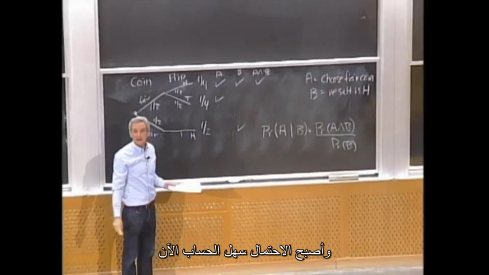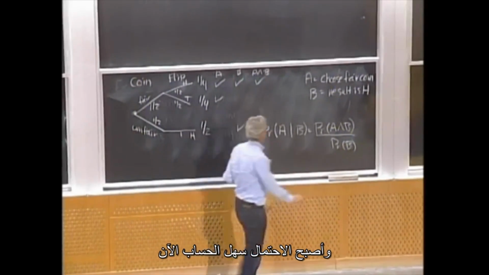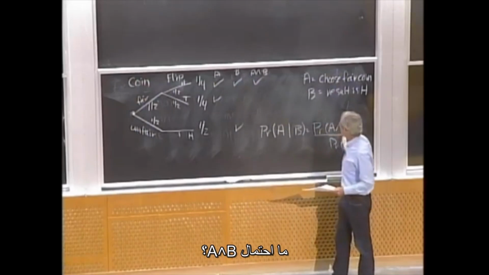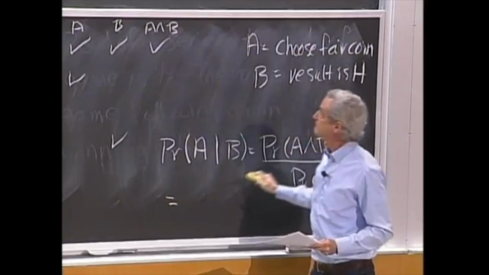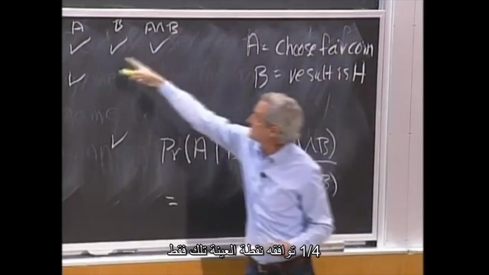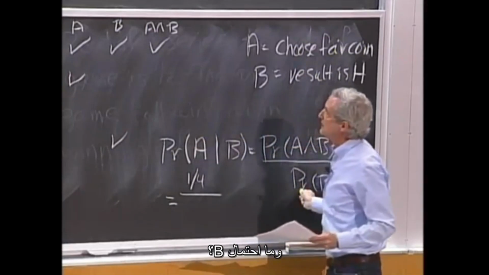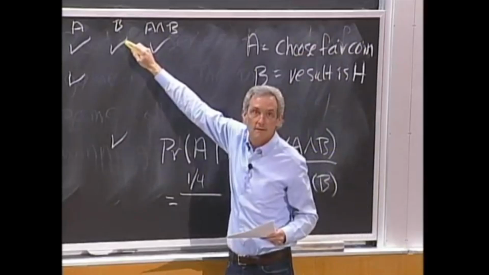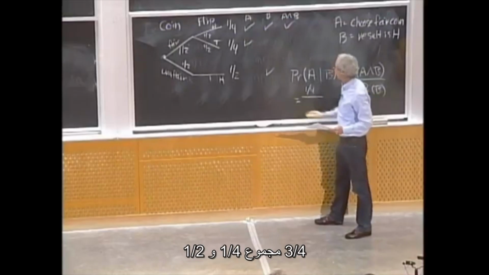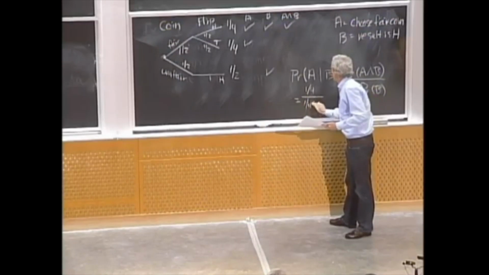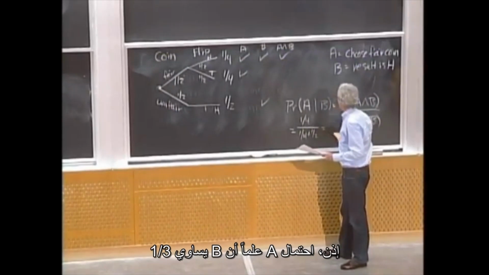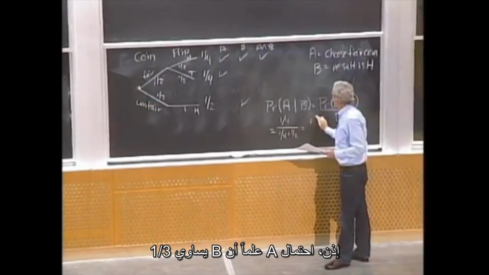So this is really easy to compute now. What's the probability of A and B? 1/4. It's just that sample point. What's the probability of B? 3/4. A quarter plus a half. So the probability of A given B is 1/3.